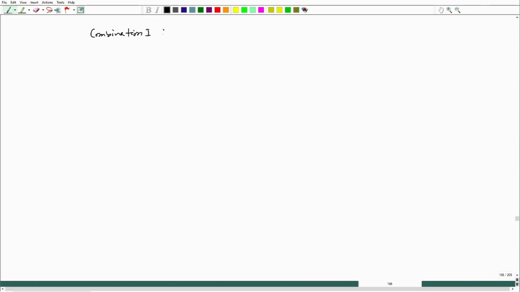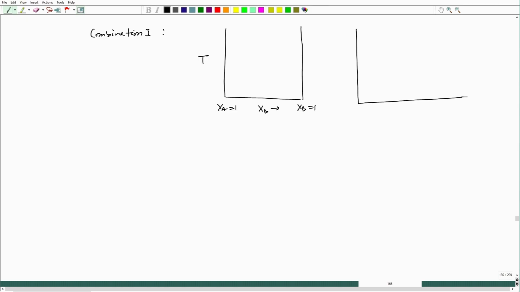Combination 1 gives me a phase diagram like this, an isomorphous phase diagram, with temperature on the vertical axis and composition from X A equal to 1 to X B equal to 1, the two pure metal sides. We take the melting point of B to be greater than the melting point of A, and the reference free energy temperature plots for the two pure metals are arbitrarily chosen like this.